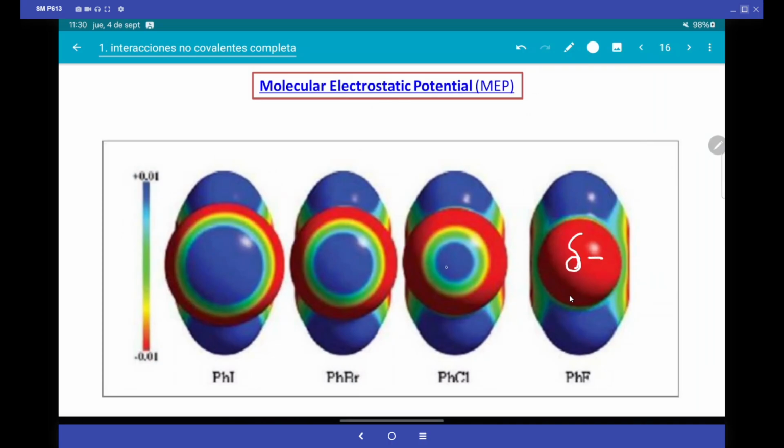Chlorine, bromine and iodine have the sigma hole and the radial polarization, but fluorine can only make a hydrogen bridge. The others can do both things.